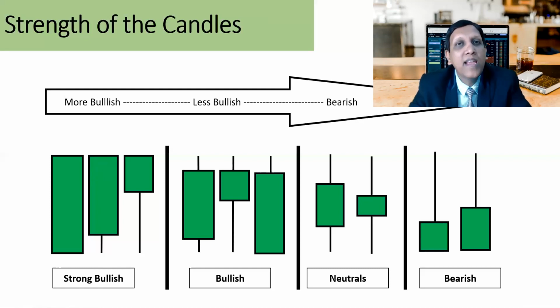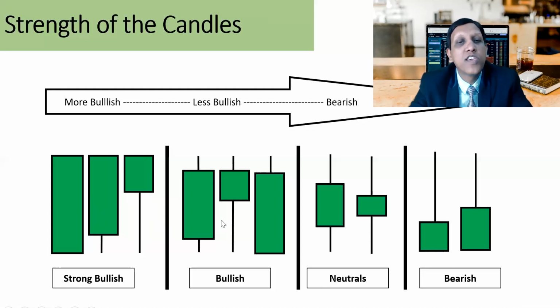Though the shape is a little different, bulls are able to take 100% charge and establish the price here. Same case here: price opens here, bears try to take it down, but bulls again take charge, fight back and establish the price here. So bulls are in 100% control in this case. That is why when you see these kinds of candles, they are the strong bullish candles.